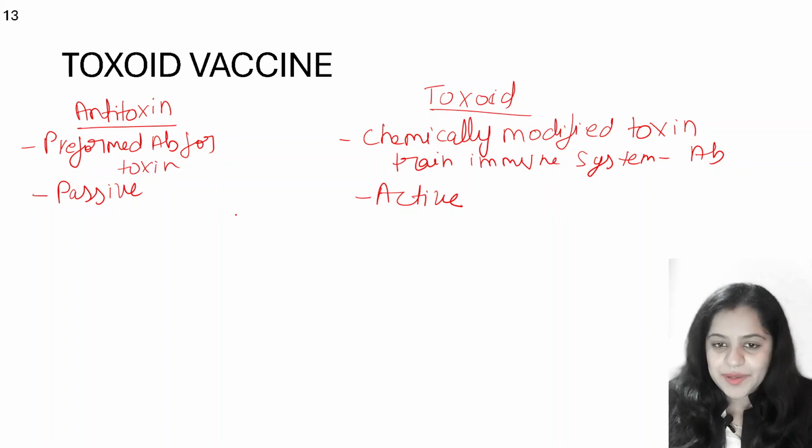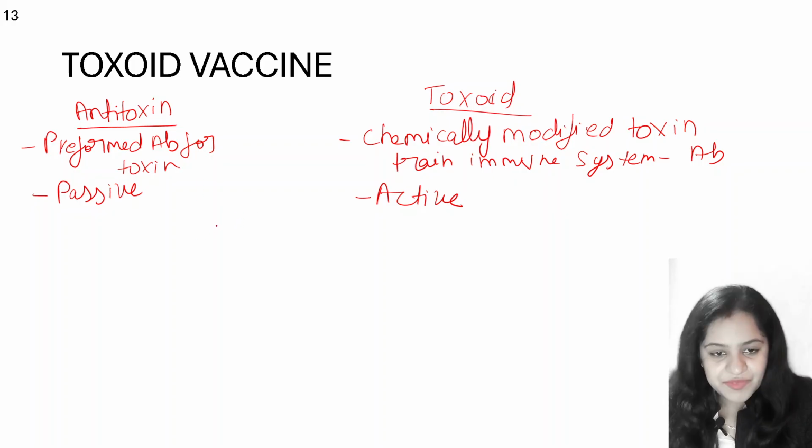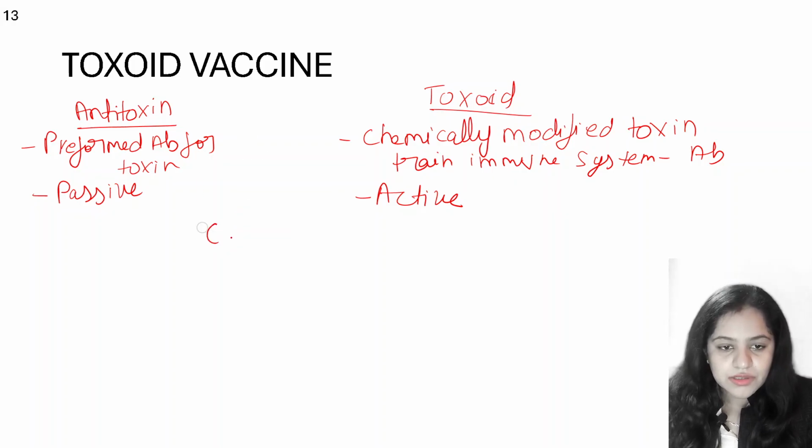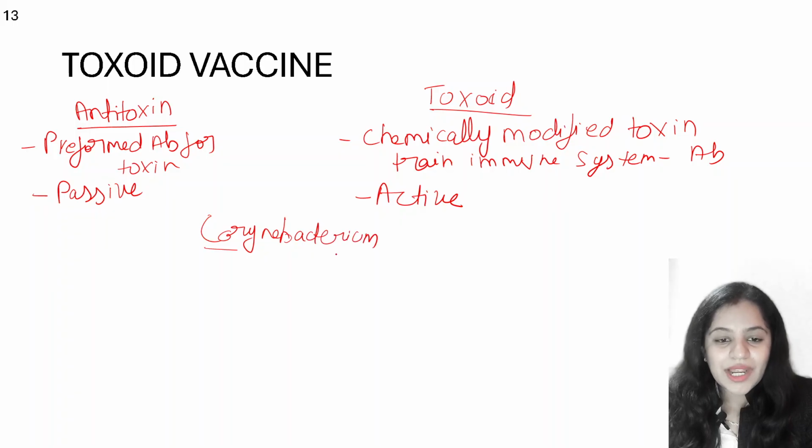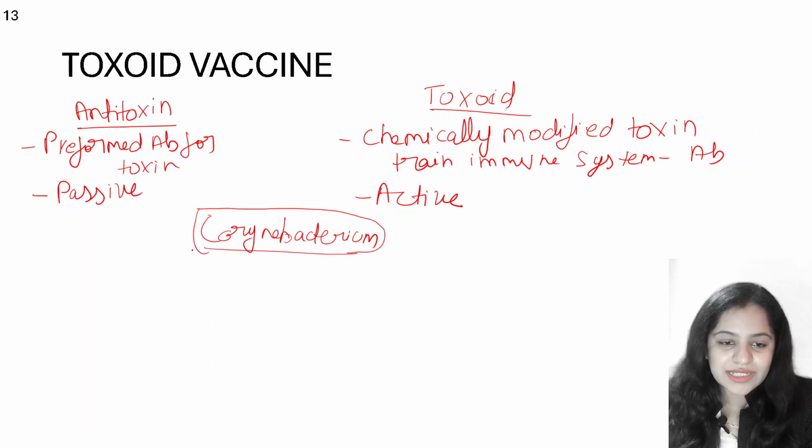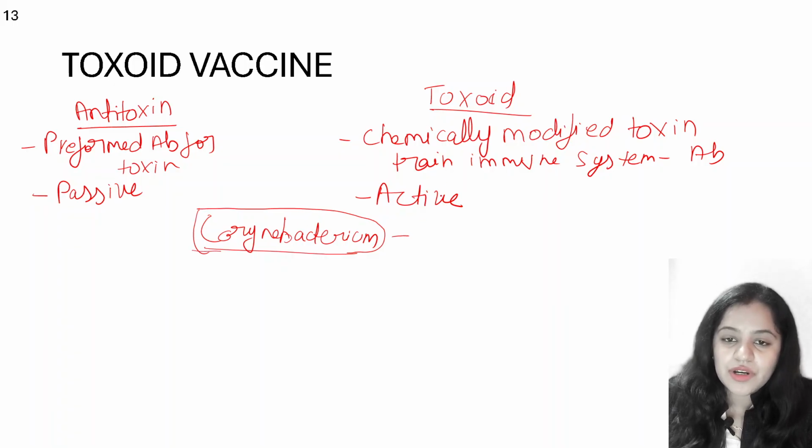Okay. Now let's understand this with an example. Say, for example, Corynebacterium, which causes diphtheria. For Corynebacterium diphtheriae, if you are just trying to prevent this, say in a newborn, you just want to prevent this right now, what you will do is give toxoid.